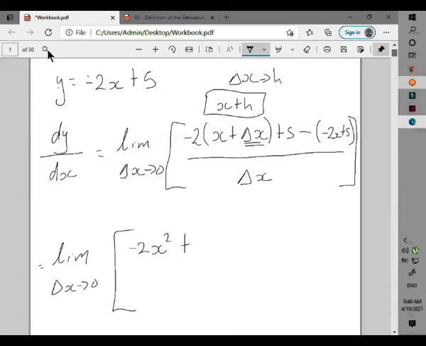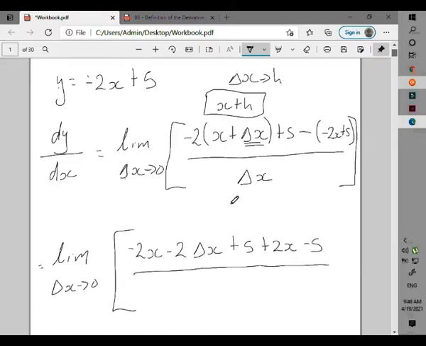Alright, so what we're going to have now is multiplying minus 2 by everything inside here. So we have minus 2x minus 2 delta x plus 5 plus 2x minus 5. And this is all being divided by delta x.